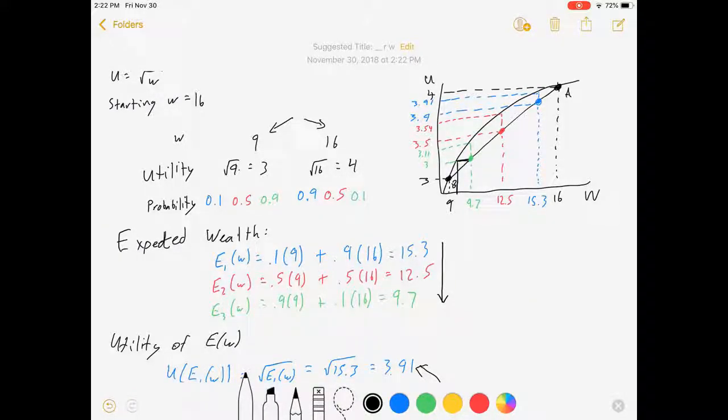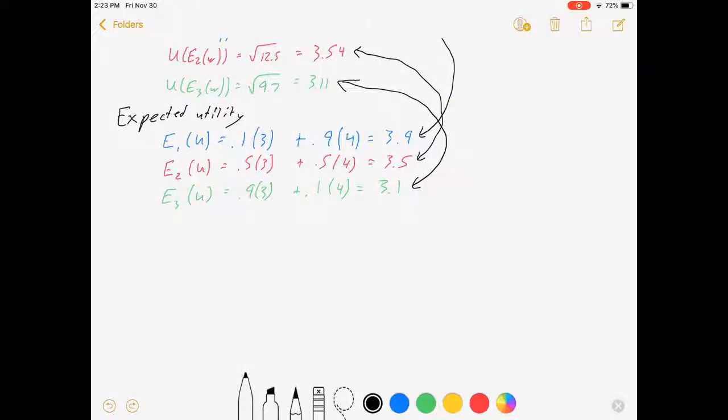Some lower level of wealth would make us just as happy as a gamble with 9.7. Some lower level of wealth would make us just as happy as a gamble with a 12.5 average, and so on. So our next thing we're going to do, we're going to look at our certainty equivalent.